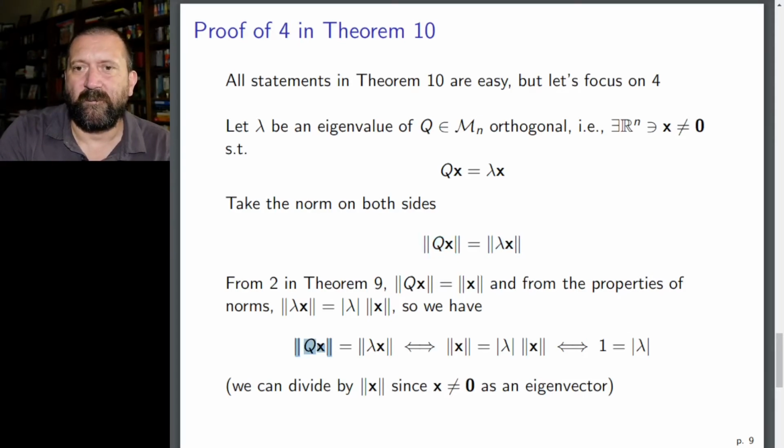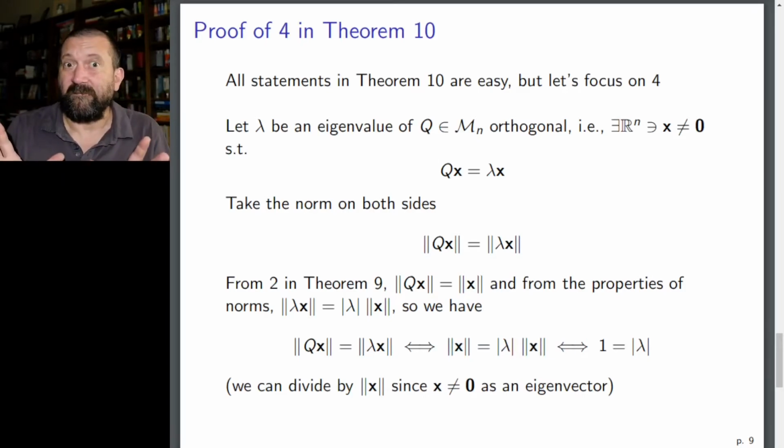I find that the norm of Qx is equal to the norm of x, and the right-hand side, the norm of lambda x, is equal to the modulus of lambda times the norm of x. So when I have this equation, these are scalars. The norm of x is a non-negative real number. The modulus of lambda is a non-negative real number.